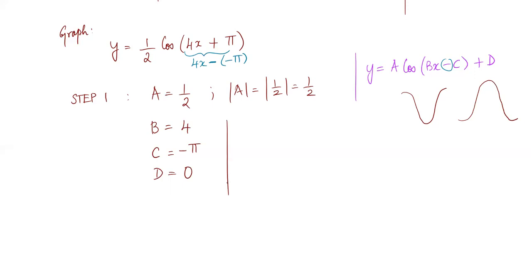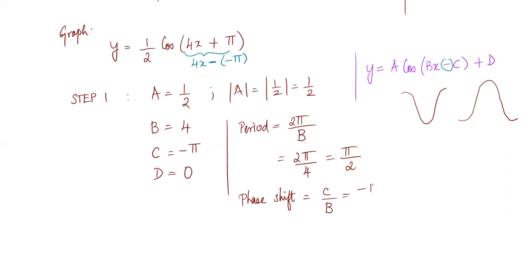This is crucial because we're going to now find our period. The period is 2 pi over b, which is 2 pi over 4. That comes out to be pi over 2. So that's our period. And the phase shift is c over b.